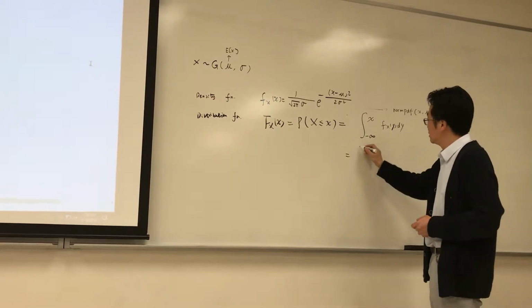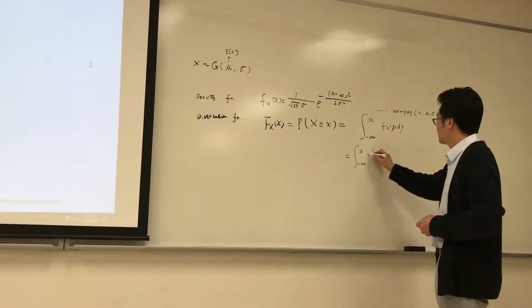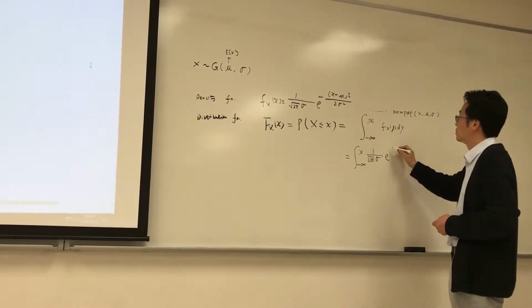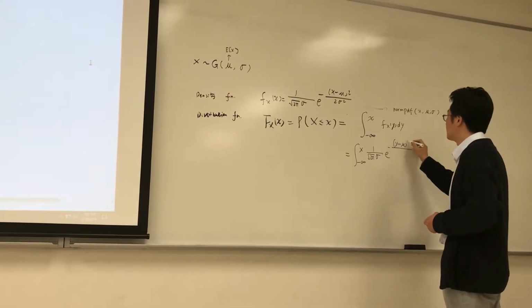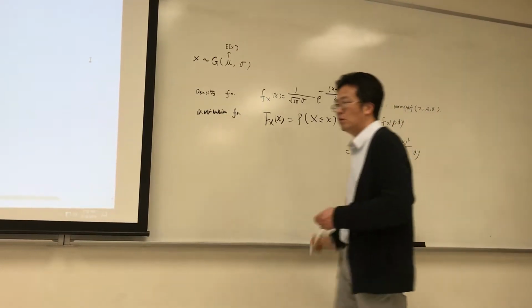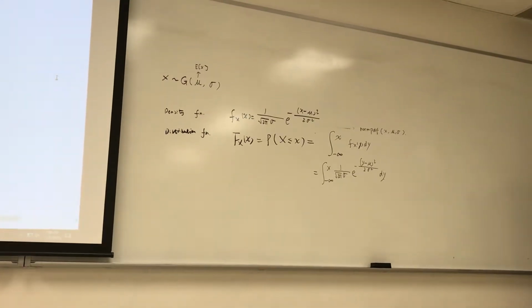So it will be something like this: y minus mu squared over sigma squared, dy. Okay? So in other words, there's no closed form for this integral.